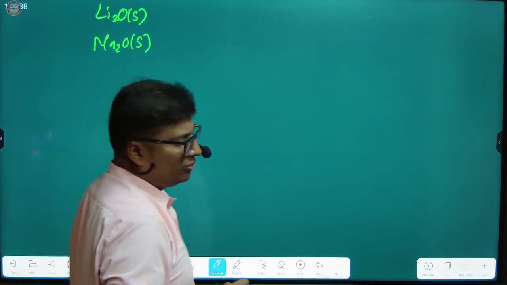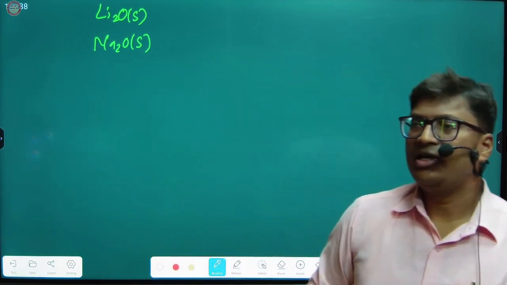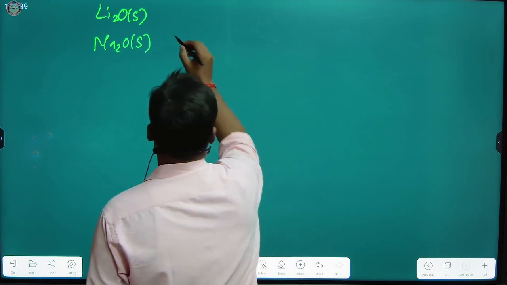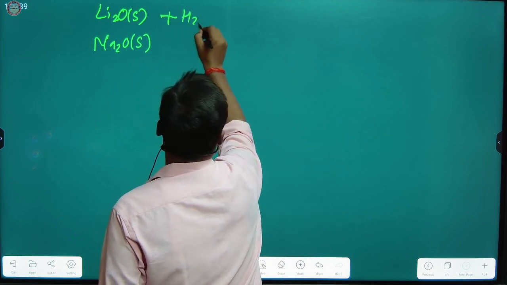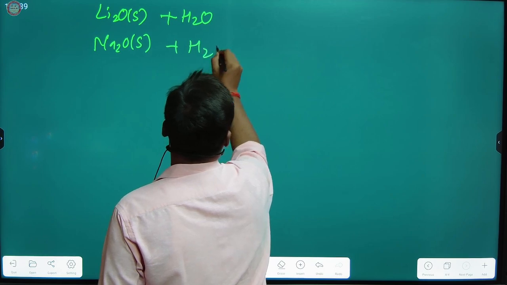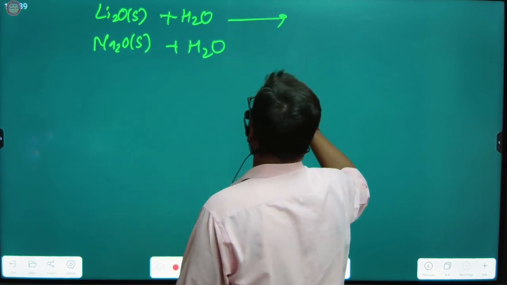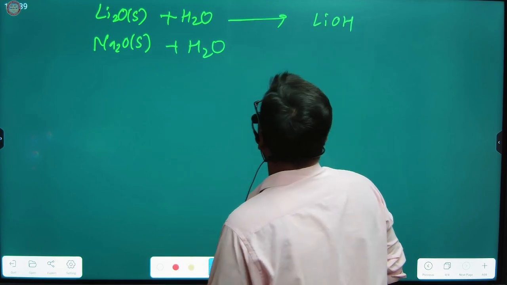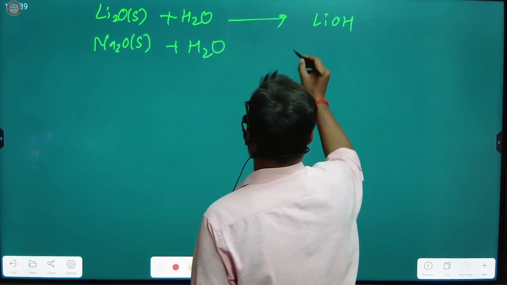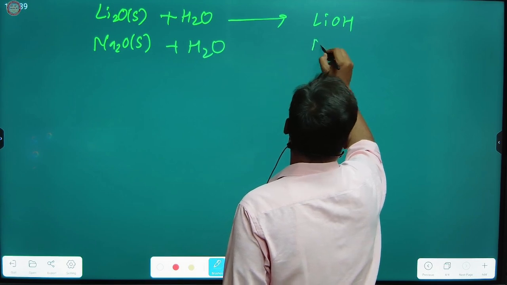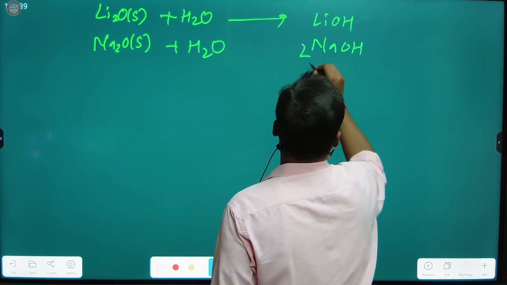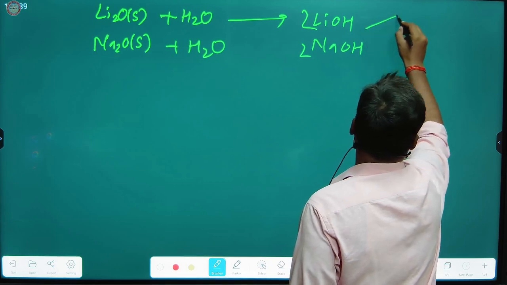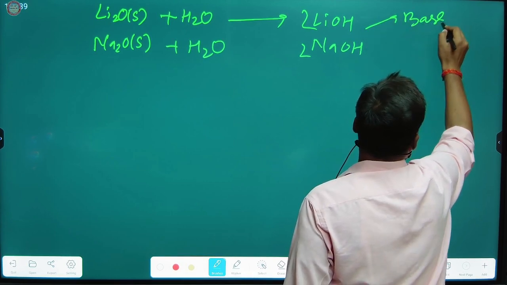These alkali metal oxides are basic because once they react with H2O, they result in the formation of hydroxide, that is 2LiOH and 2NaOH, which are bases.